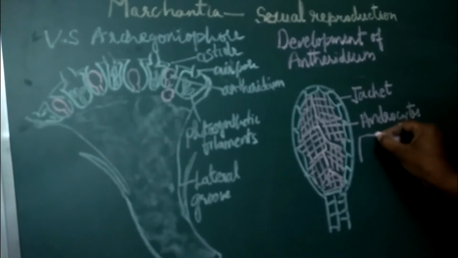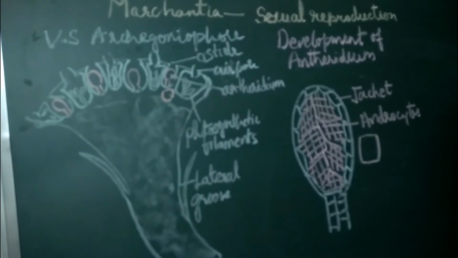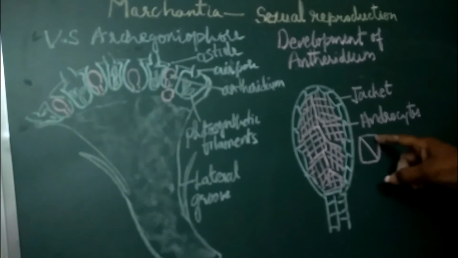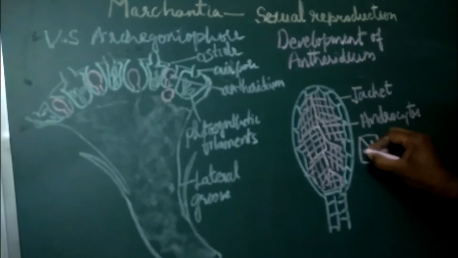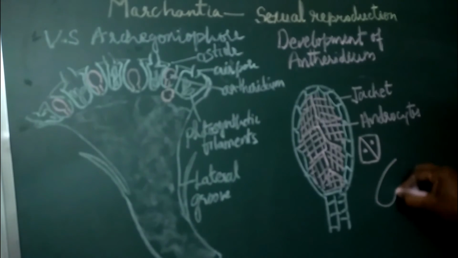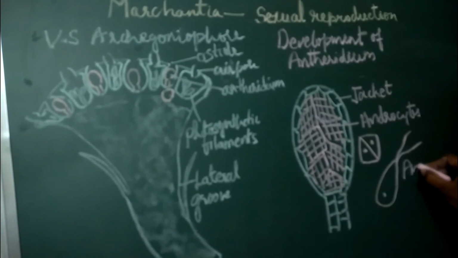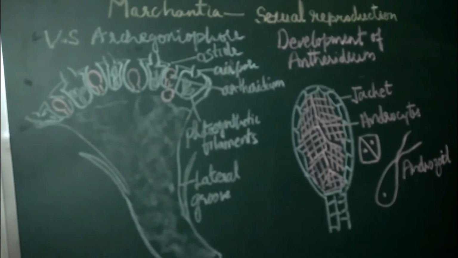Each androcyte divides diagonally, and each triangular cell gets metamorphosed into a biflagellate antherozoid. These antherozoids are minute, rod-like structures which swim with the help of the flagella.